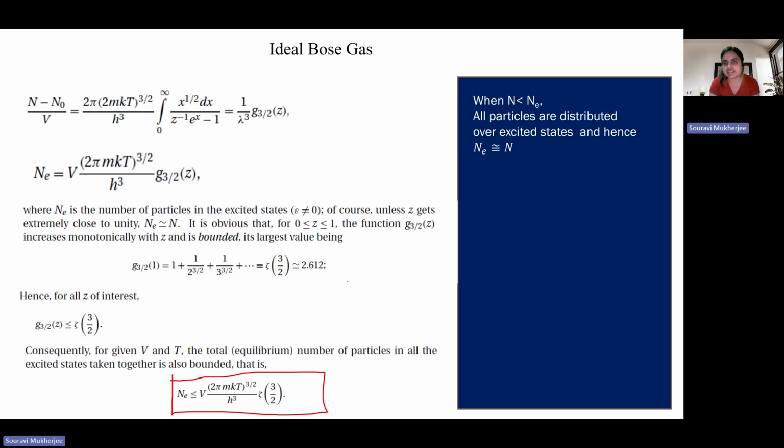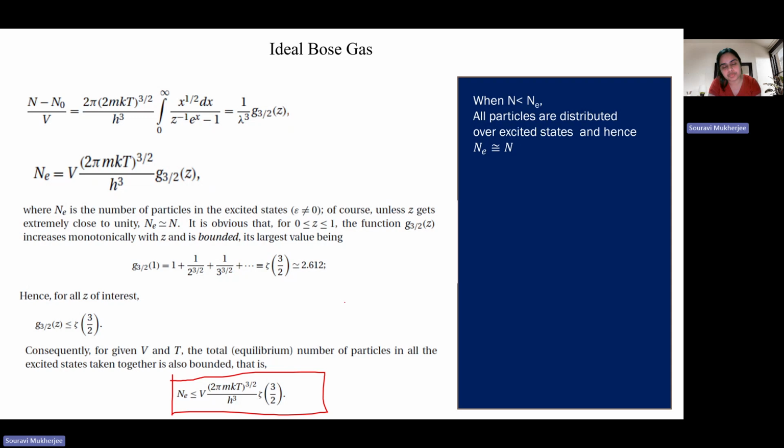The first is when N is less than Ne. And what does Ne depend on? Ne depends on the temperature, as you can see. It goes as T to the power 3 by 2. It depends on the volume, and the other terms are constants. These are the main terms that govern Ne.